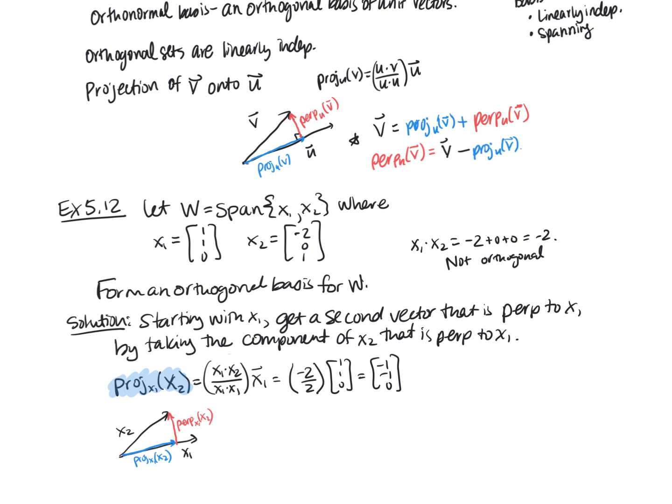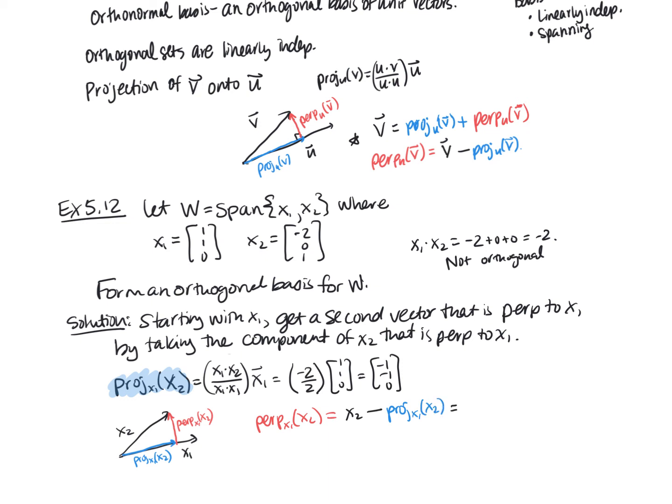So how do I find that perpendicular part? Well, I'm going to take the vector x2, and I can get that perpendicular part by taking my x2 minus the projection part. And so what is that?